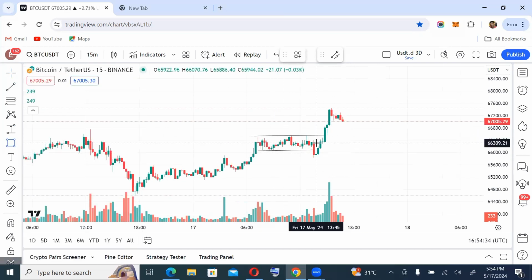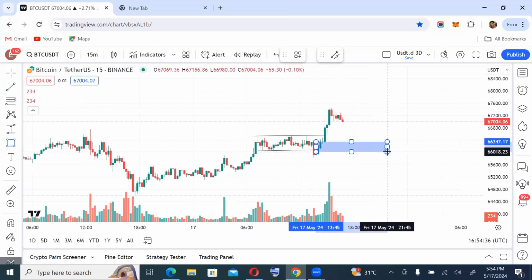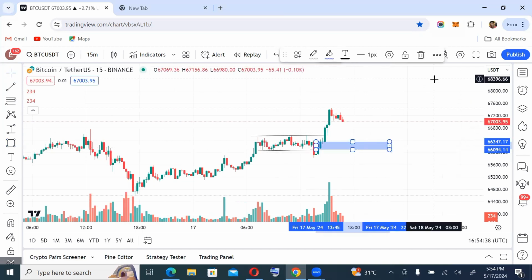Price wants to come back to this area before bouncing back up again. All right, that's what price is most likely going to do.